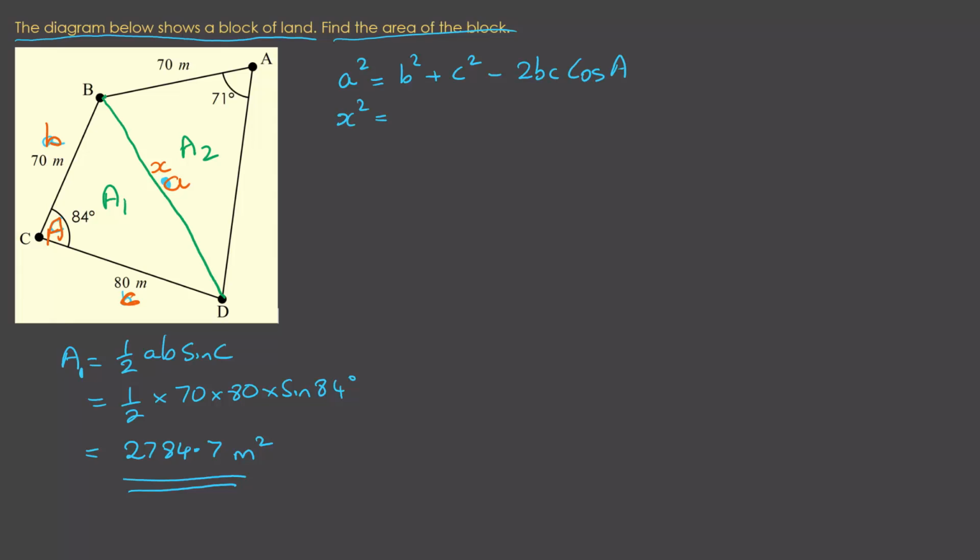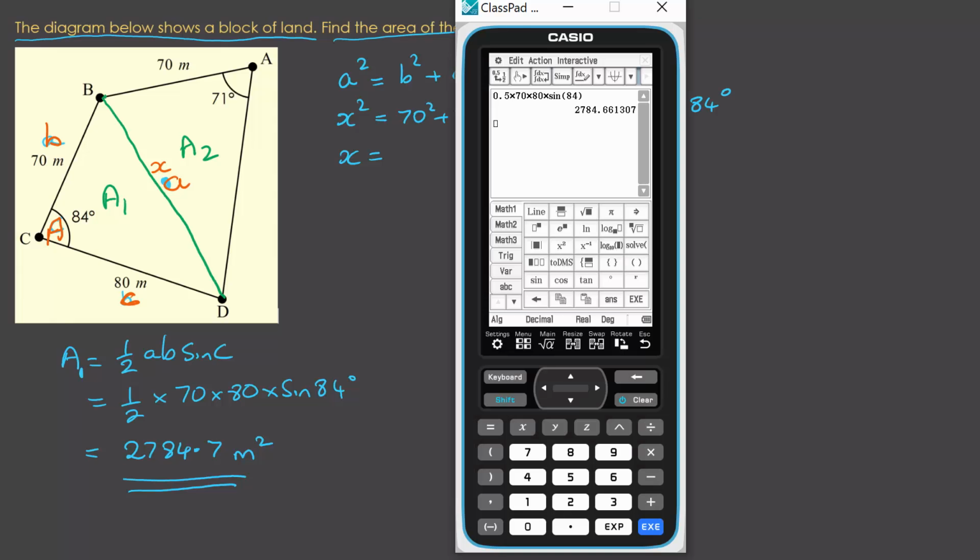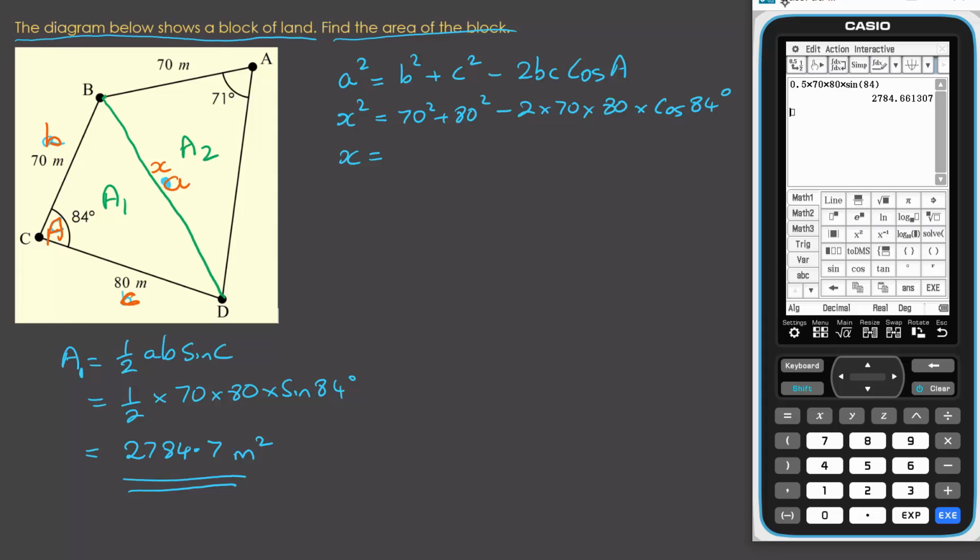And therefore x squared is going to be 70 squared plus 80 squared, take away 2 times 70 times 80 times the cosine of 84 degrees. And we can calculate x from there. So I have 70 squared plus 80 squared, take away 2 times 70 times 80 times the cosine of 84.